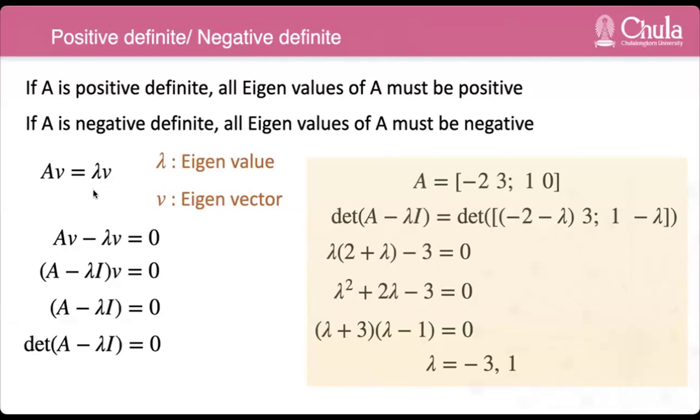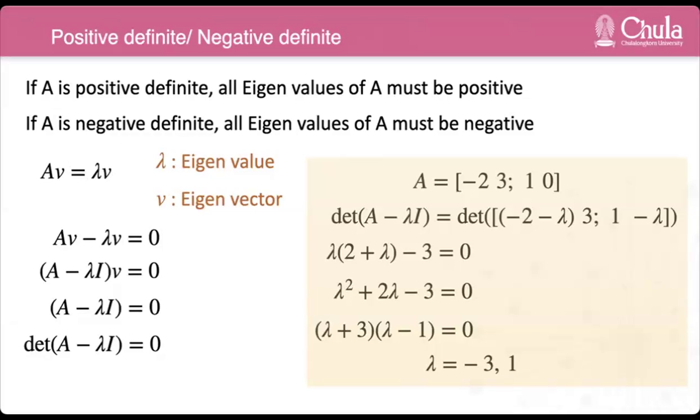Okay, so we have A, right? And we want to find the scalar and vector that hold this expression. Yes, it's German, right? So you move lambda v to the left hand side.